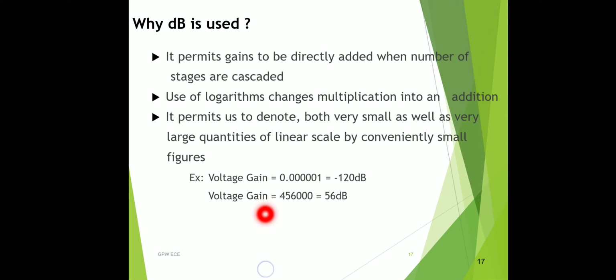Similarly, a voltage gain of 456,000 is a little bit complicated, but in decibels the equivalent value is 113 dB. This is the main facility of the decibel.